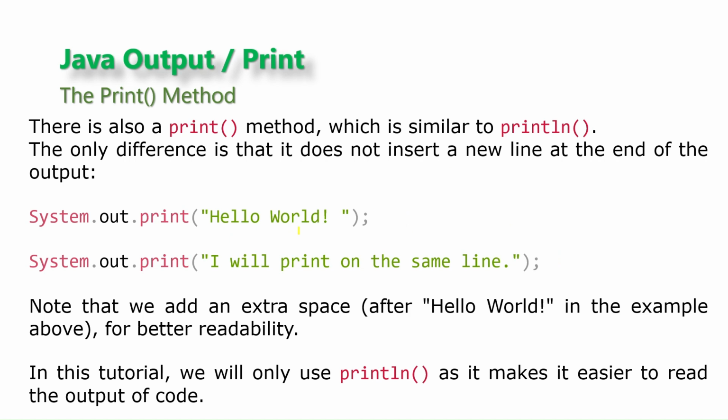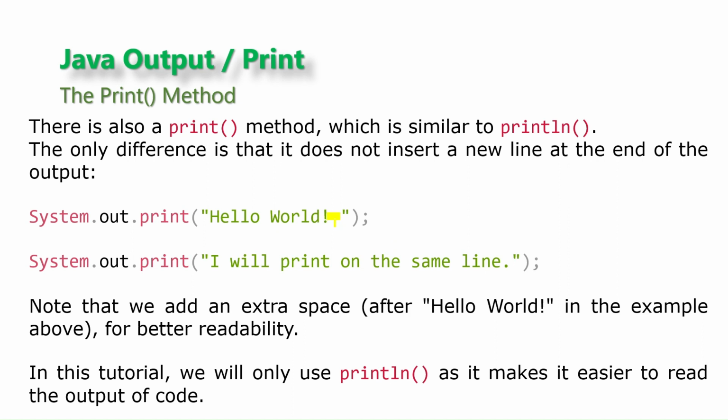The first line will be Hello World, and the second line will be I will print on the same line. But we use the print method only, so both sentences are combined and form a single line, and the output is Hello World I will print on the same line.